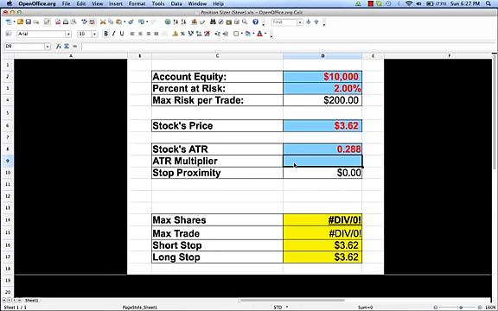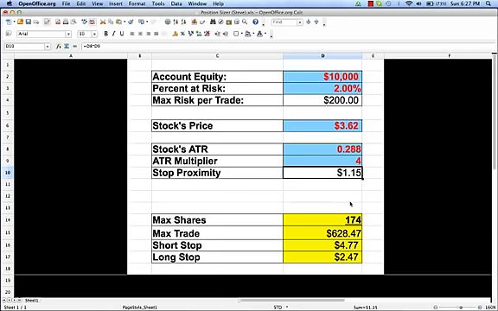So that is how many times the ATR below or above the price you want your stop to be. So the turtle is a 2 ATR stop, which is fine. I personally use 4 times the ATR. So that means that my stop would be $1.15 below the current market price.